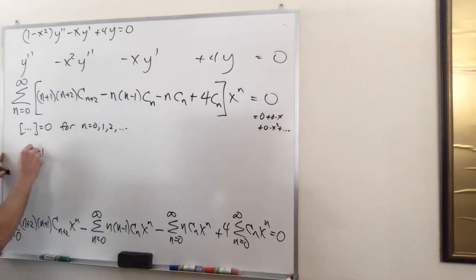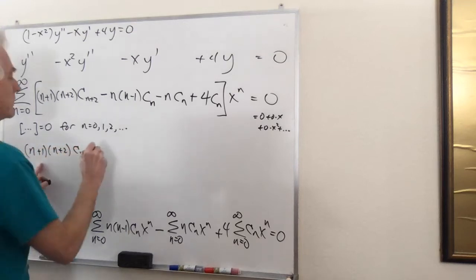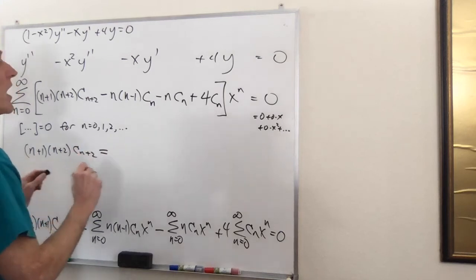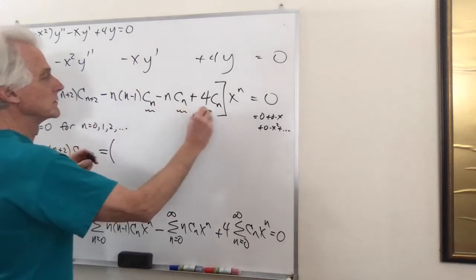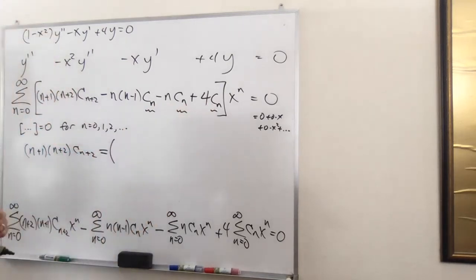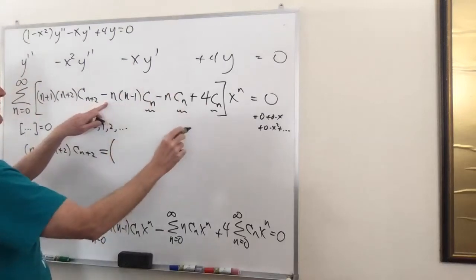We get n plus 1 times n plus 2 times cn plus 2 equals. Let's notice that all of these terms have a cn in them. So let's factor out the cn, and I'm also bringing it to the other side.